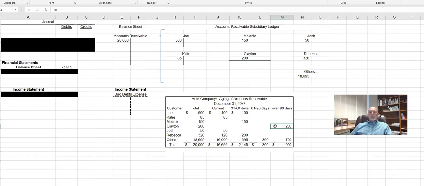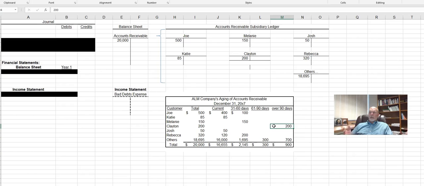Sometimes you may identify a customer balance that is simply not going to be collected. So for example, let's say that we've contacted Clayton and he's told us he's very unhappy with the work that we did and he's absolutely not going to pay. Or maybe we keep getting our bill returned to us, stamped "moved, no forwarding address."